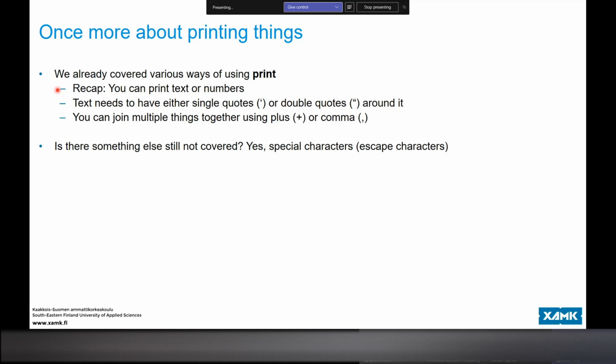Those are the two data types that we have at our disposal, and print will handle them both with ease. If you have text data, it needs to be wrapped in either single quotes or double quotes. And you can join multiple things using the plus or the comma.